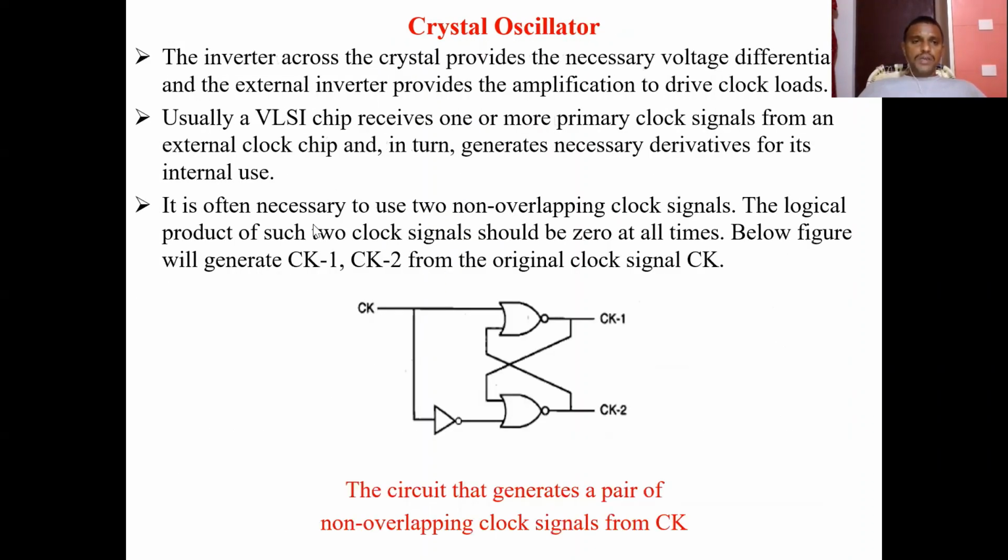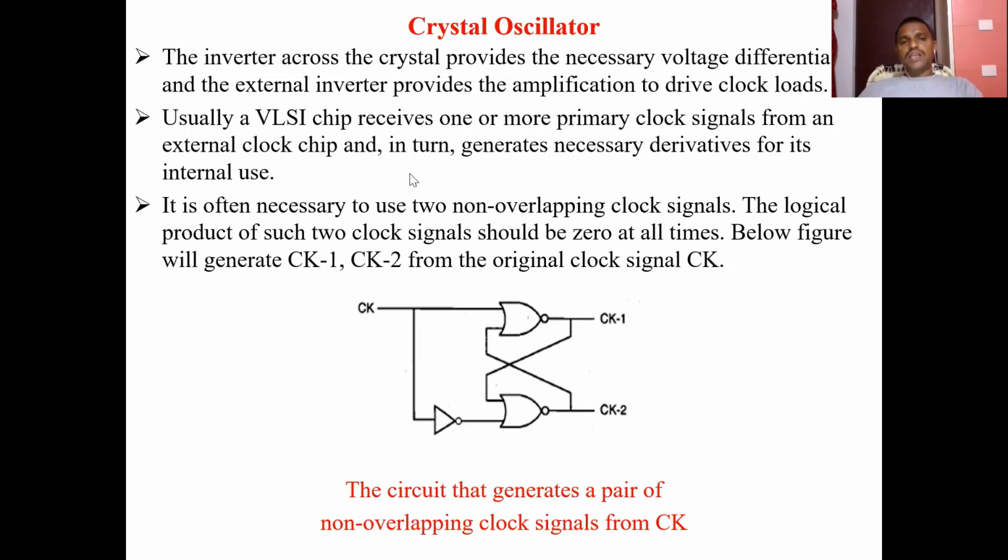Usually VLSI chips receive one or more primary clock signals from an external clock chip and in turn generate necessary derivatives for internal use.